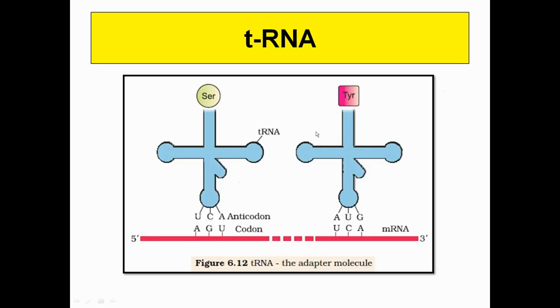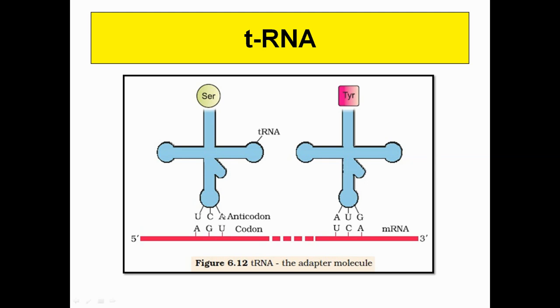Now you need to understand the structure of tRNA. tRNA is sometimes referred to as a clover leaf-like structure or inverted L-type structure. You can see there is an anticodon to the codon present on the mRNA.